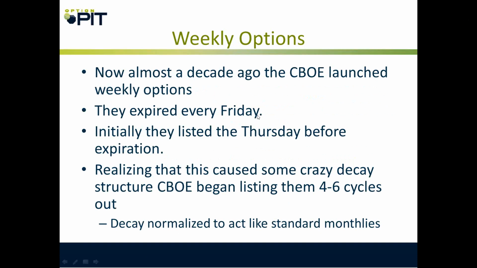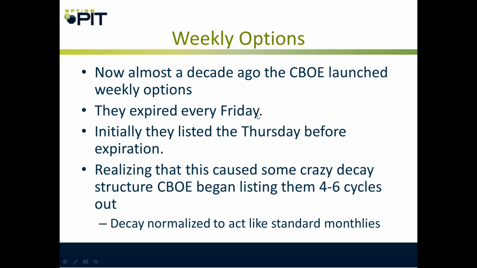The problem with this approach to weeklies was that it created a crazy decay structure around them. You would see just all this crazy amount of decay on Thursday and Friday, and they became really hard to own and trade. So what the CBOE did, they realized they were doing it wrong, and they started structuring so that they are listed 4 to 6 cycles out.